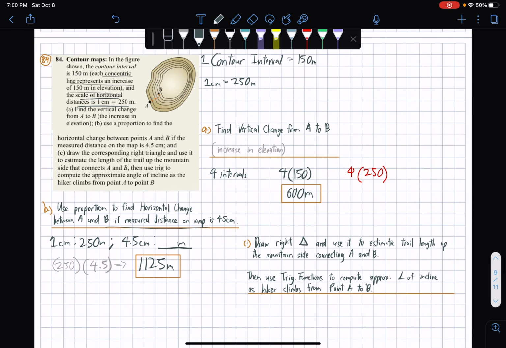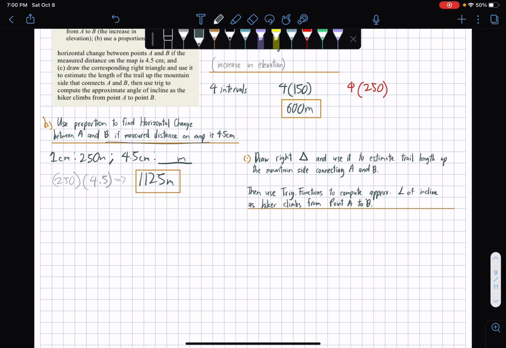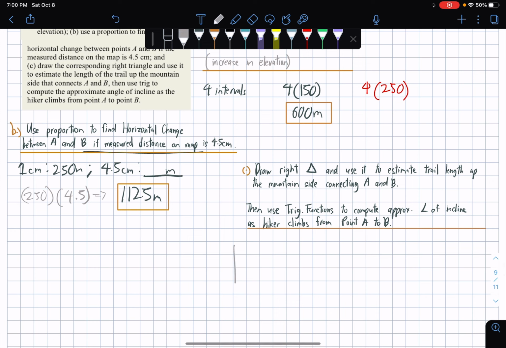So that's the horizontal change. Now, we have to draw a right triangle. Let's say this is the right triangle. Vertical change is 600 meters. Horizontal is 1,125 meters. What we're looking for is the hypotenuse and this angle.